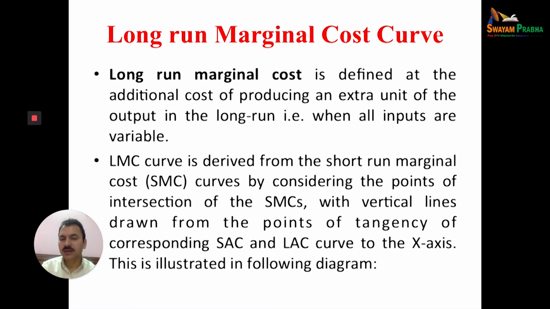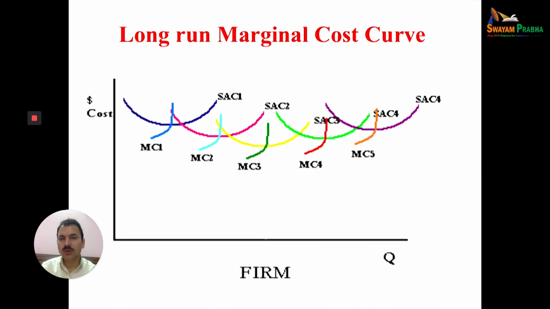Let us explain with the help of the following diagram. Long run marginal cost curve. This is the tangency point where the short run average cost curve and marginal cost curve intersect. This is short run average cost curve 2 and marginal cost curve 2. This is short run average cost curve 3 and this is marginal cost curve 3.